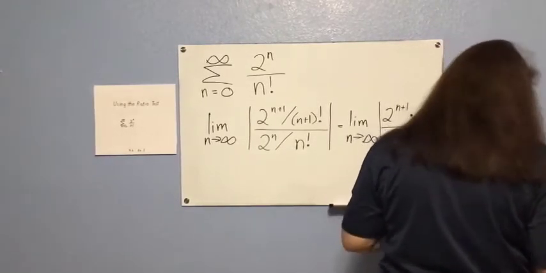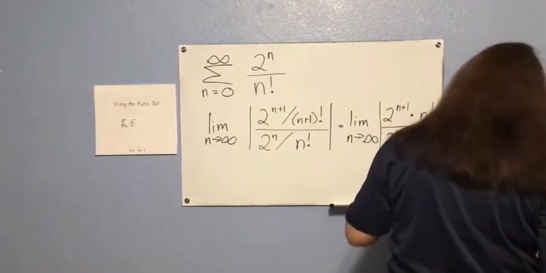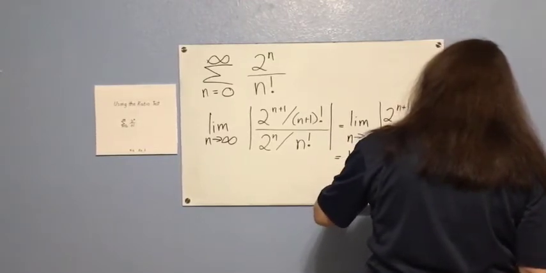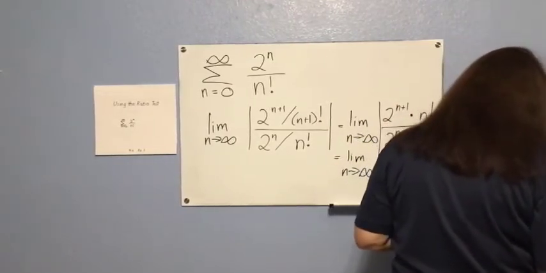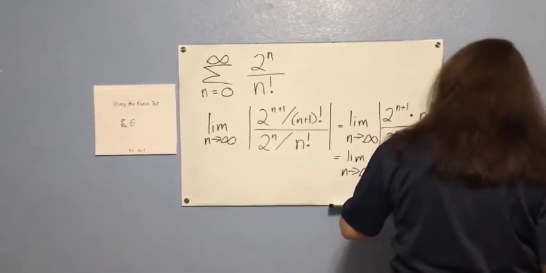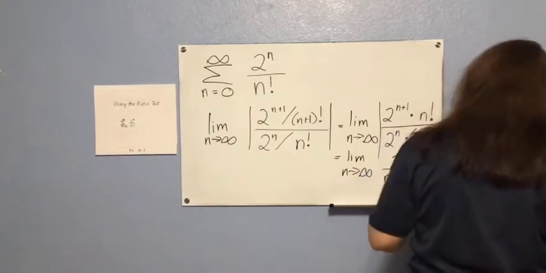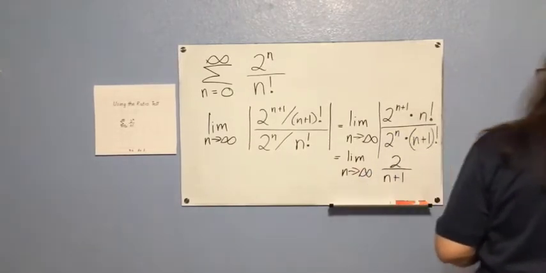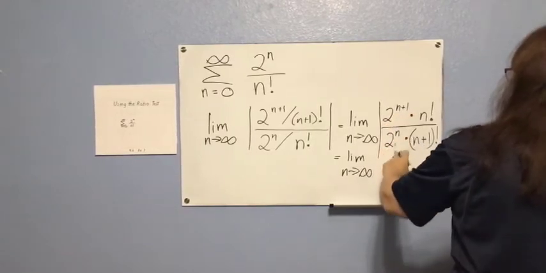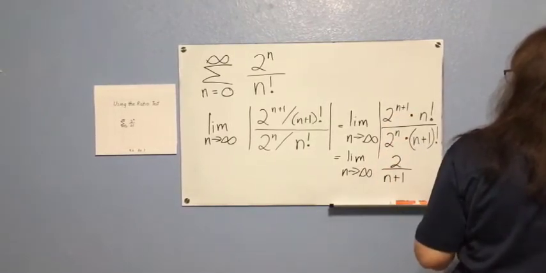Okay, and working that out, I get the limit as n goes to infinity of 2 over n plus 1. And this is how that works. This is one higher power of 2 than this, so that's where the 2 comes from.